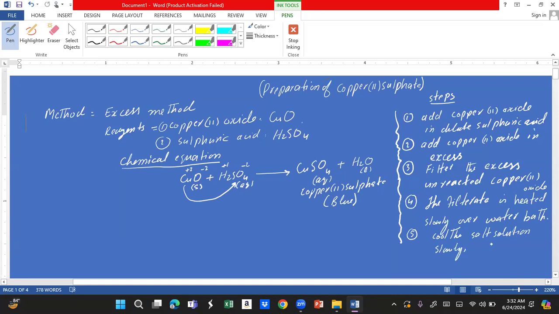Why is the salt solution cooled slowly? So that we have large and maximum number of crystals.